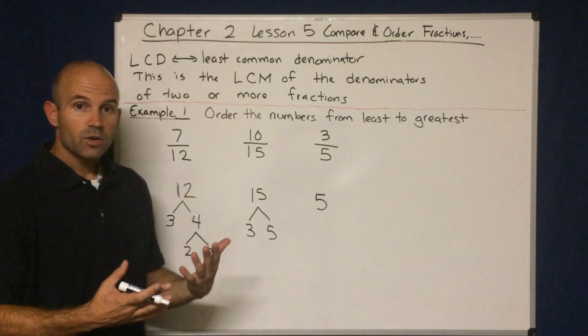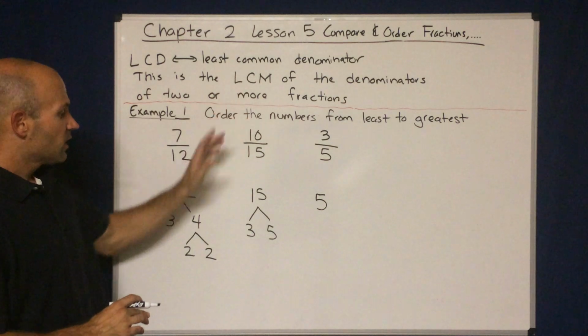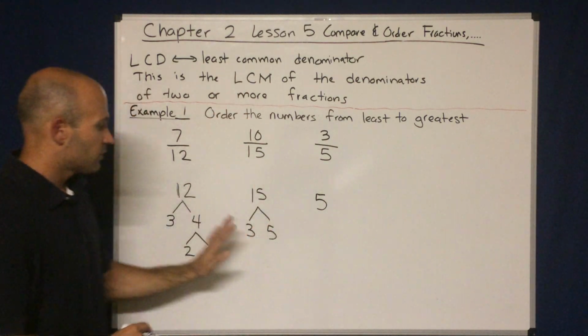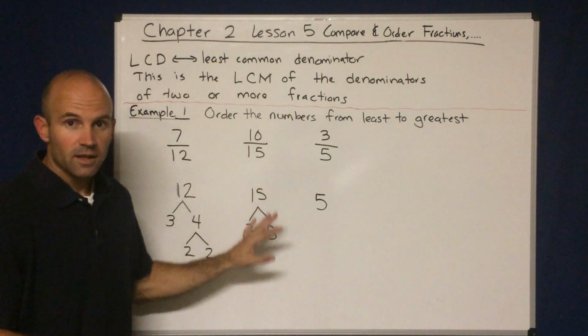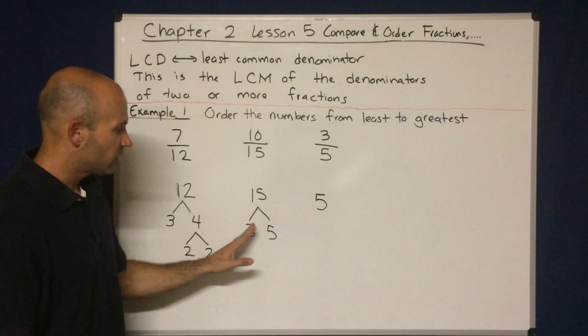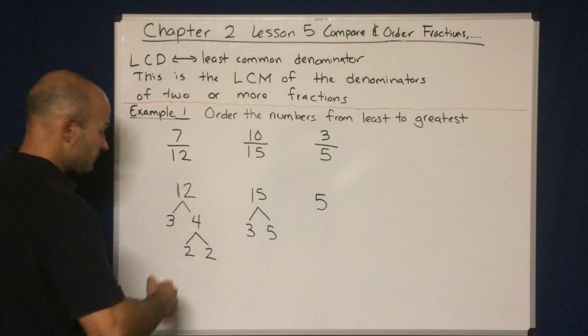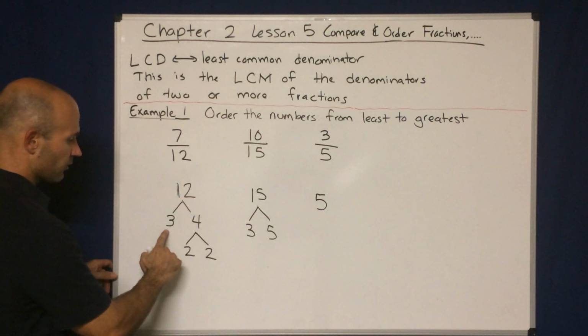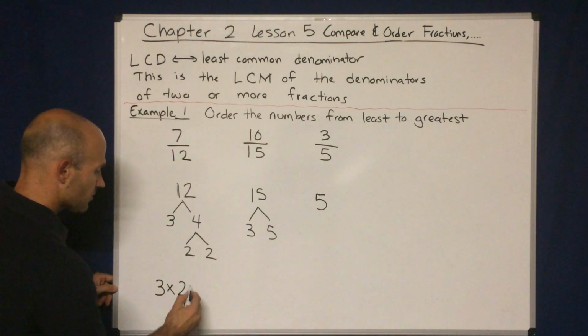Now, at least the way that I showed in the video for Chapter 1, Lesson 1, to build the LCM, I kind of do it one by one, where I start with the first factor tree, I write some numbers down, then I look at the second factor tree and compare what I've written down with the primes that I see, and I keep doing that for each factor tree. So let me start with the first one. For 12, I see a factor of 3, 2, and 2, so my LCM also needs those factors.